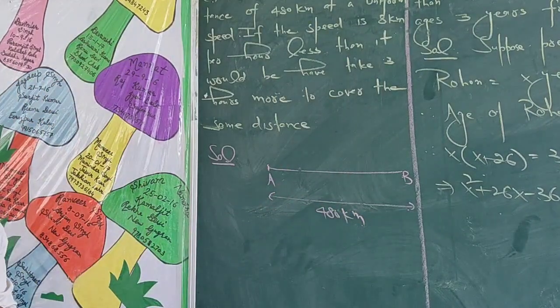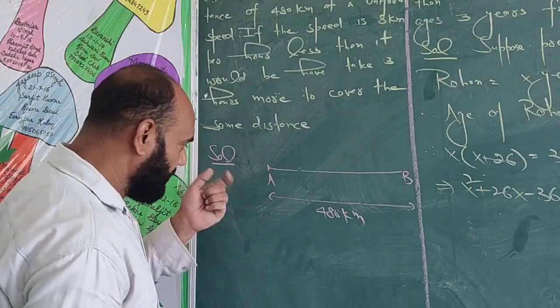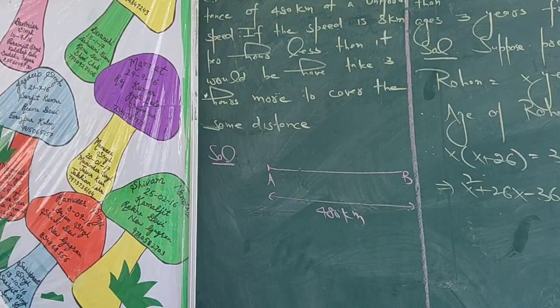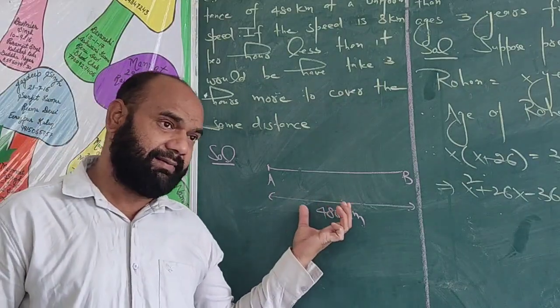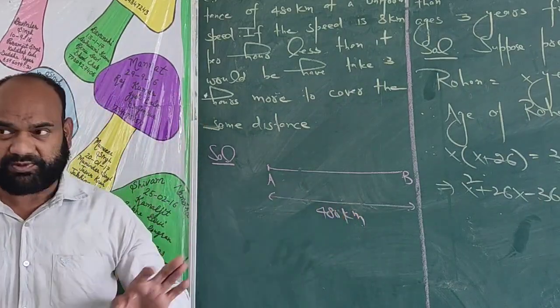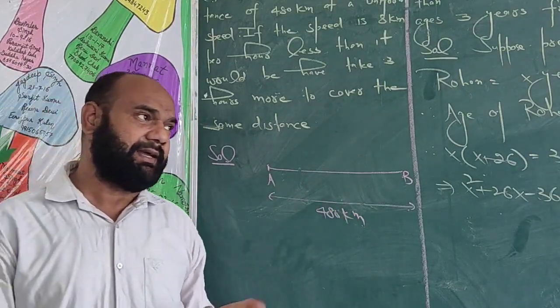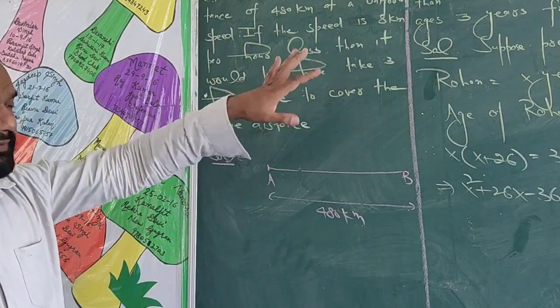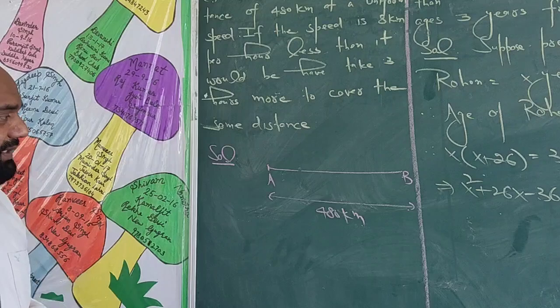So first of all, we need to find the time when the train travels at the uniform speed, and also the time taken when the speed is 8 km per hour less.